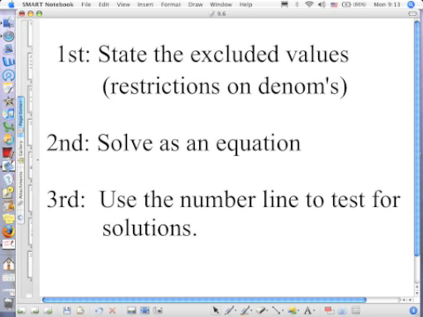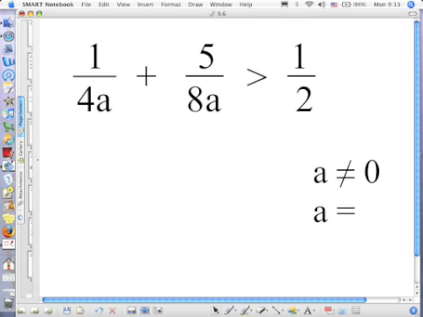Can I flip this slide? All right. We are going to solve this inequality. First question to you is this: how many terms are there? 3 terms. Now, the inequality symbol is going to be used when we test this thing, and it lets us know that we have to test.